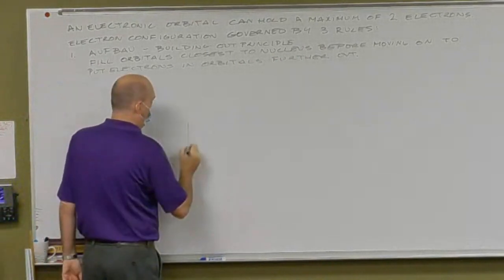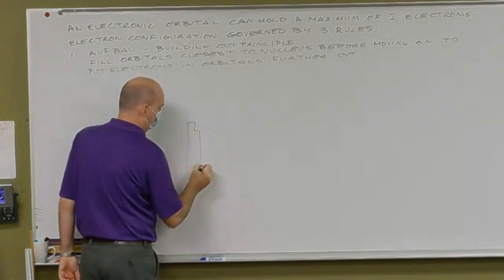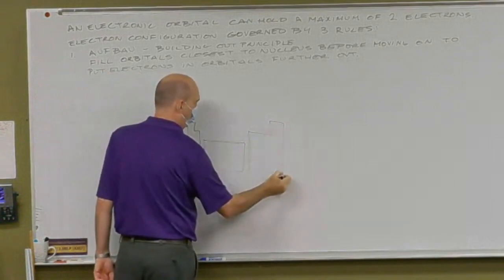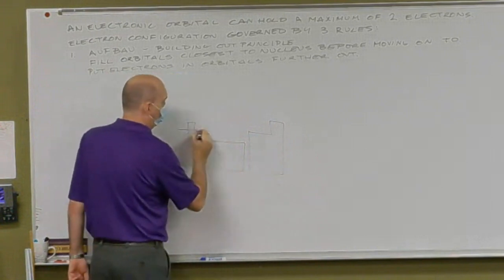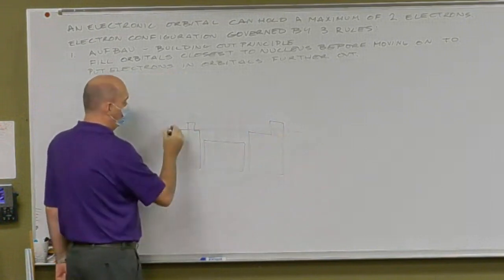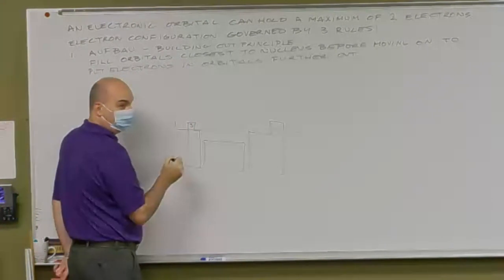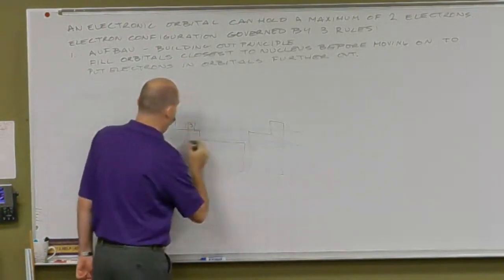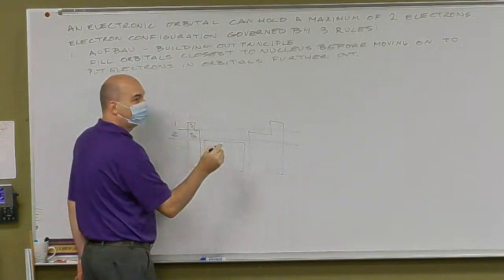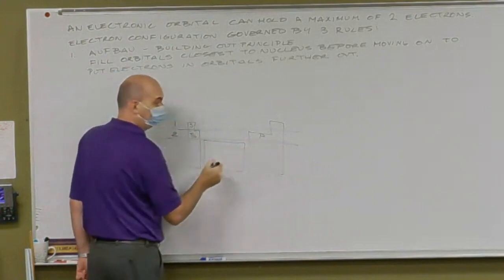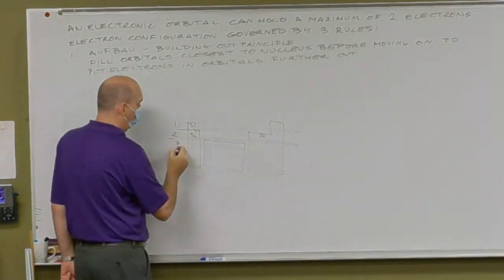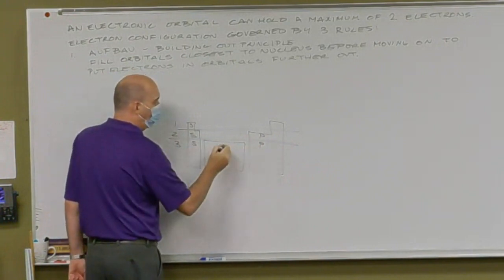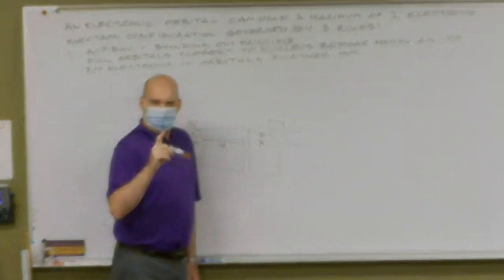So when I look at the periodic table, period 1 only has an S. Period 2 has S and P. Period 3 gets S's and P's and D's.